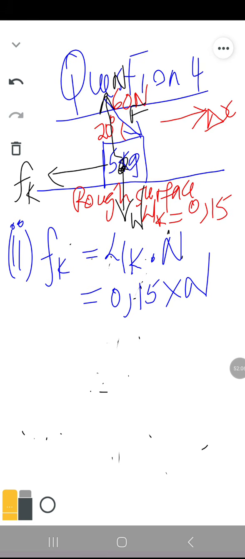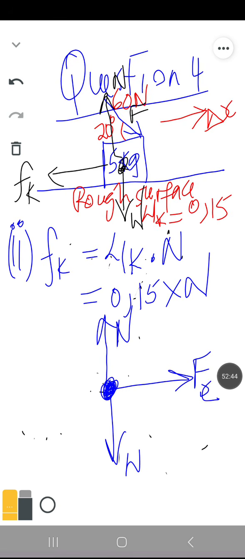Now you must remember also for this scenario, guys, your normal force is not equal to the weight here, because we are also having another force acting on the vertical. If you draw the diagram showing the components, it will look like this. We are going to have weight here, then a normal force, then F of X like this.